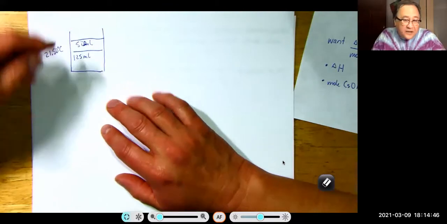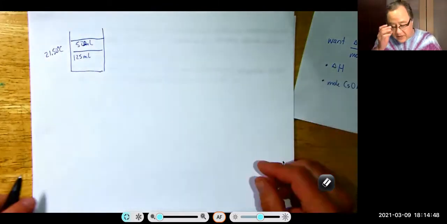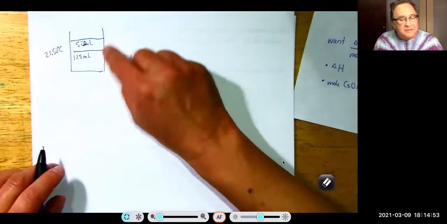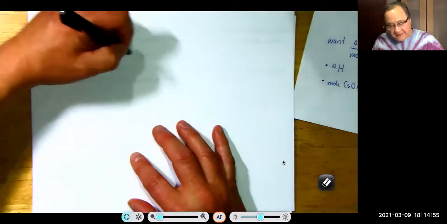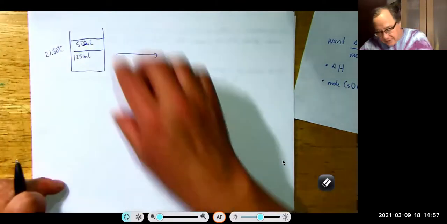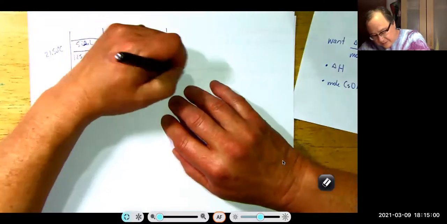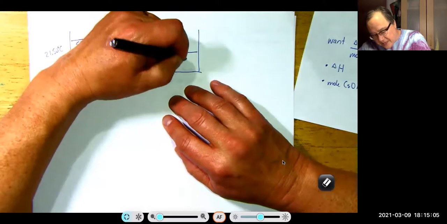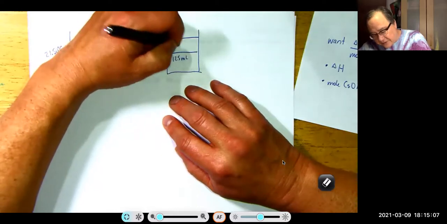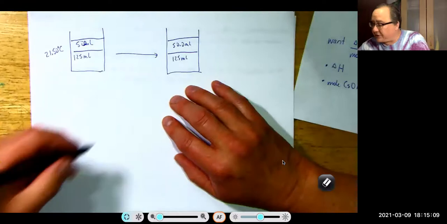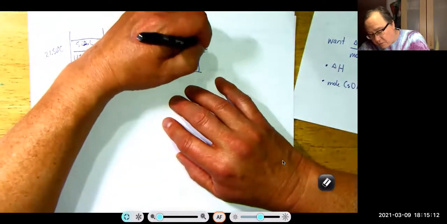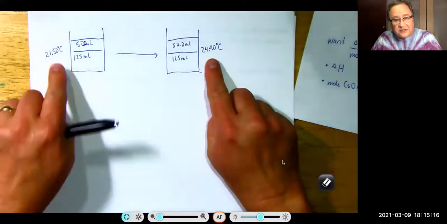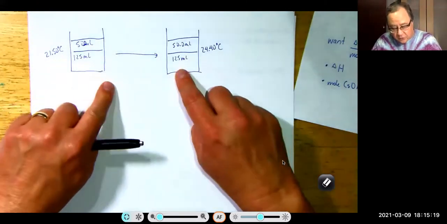I can pretend they both started in the same container, and somehow magically the reactants didn't mix. Then I snap my fingers, everything's allowed to mix, and I end up with the same container with 125 milliliters and 50.0 milliliters, and now the temperature is 24.40 degrees Celsius. So I can use these numbers to calculate the energy that this absorbs.